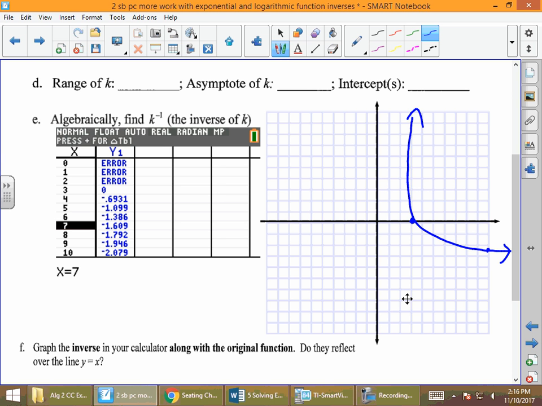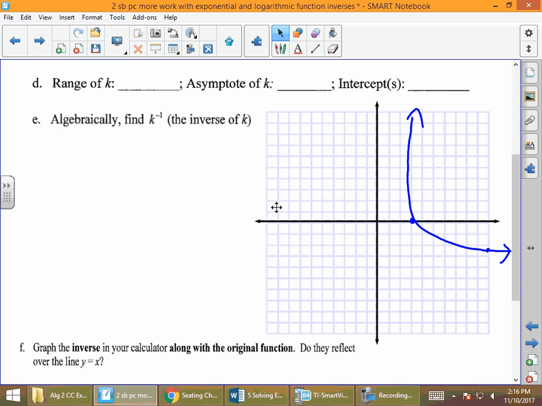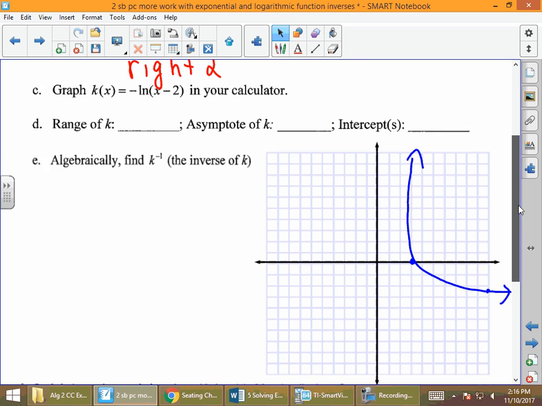My curve is even better than the last one, so that worked out for the best. So there's our picture. Again, you could have picked some other point. You could have picked (5, negative 1.099). Just get a couple points on there so that you can have a rough picture. You've got a calculator that's going to show you a good value.